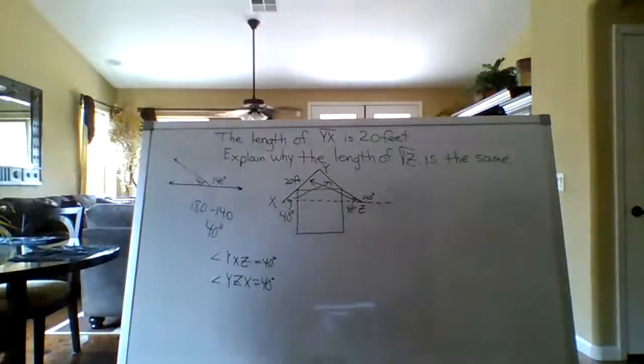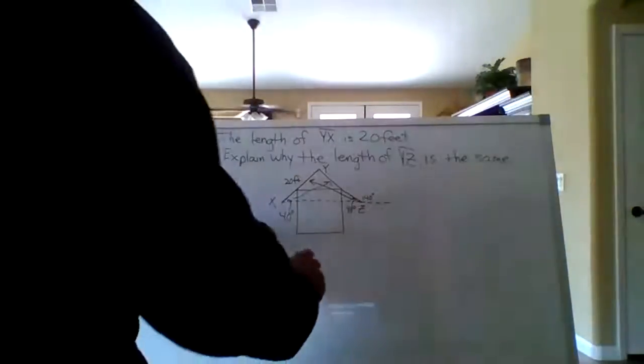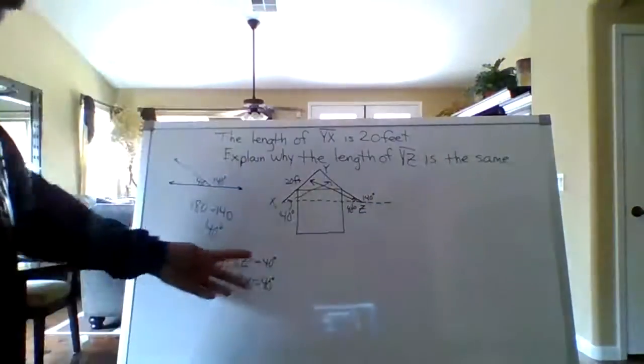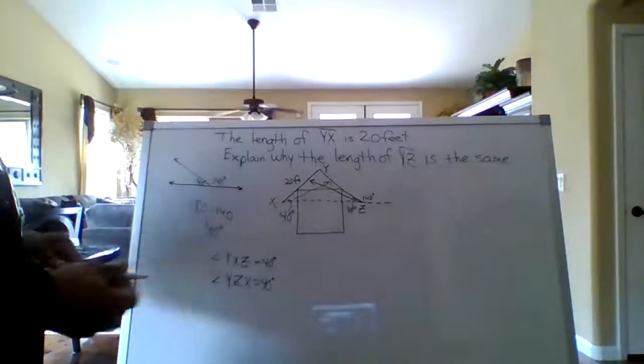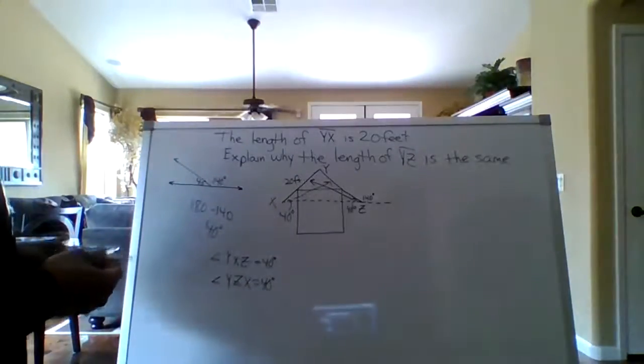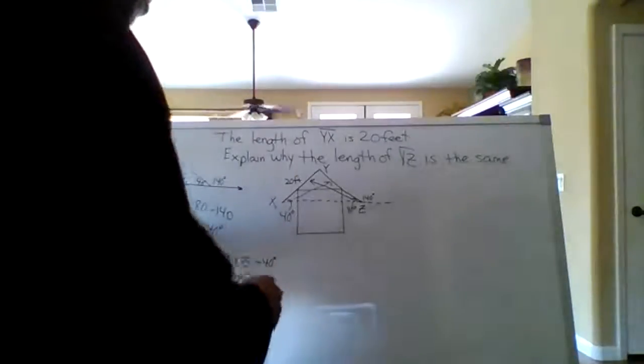So now we know that since these two angles are the same, and we're looking at the converse of the equilateral triangle theorem, the converse.